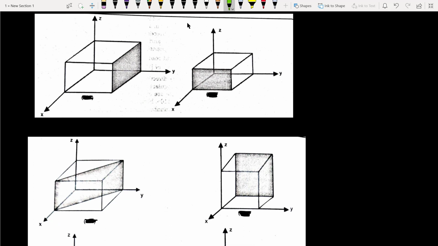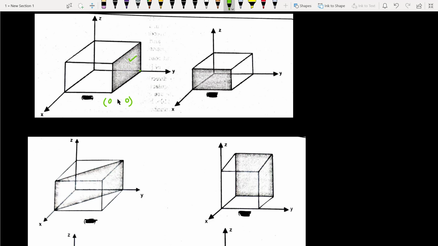So now if we are to find the Miller indices for this plane, it is parallel to x-axis and parallel to z-axis. So Miller index for x and z-axis will be 0.